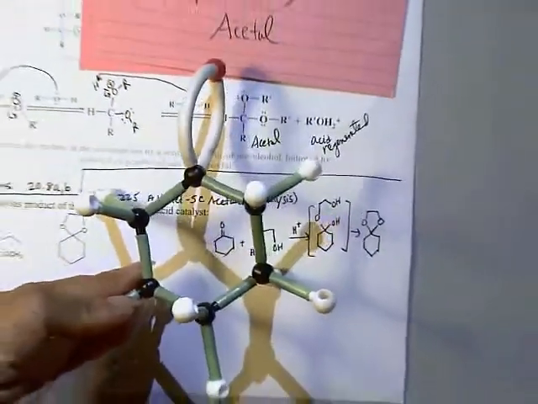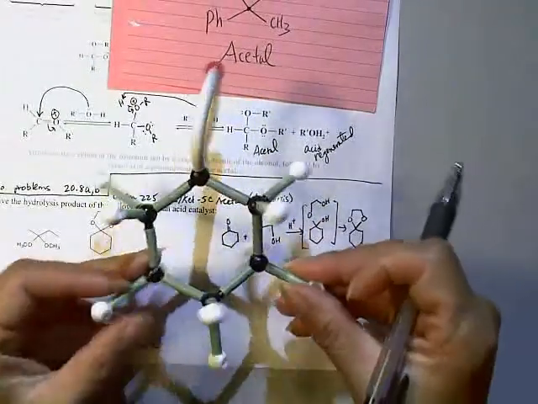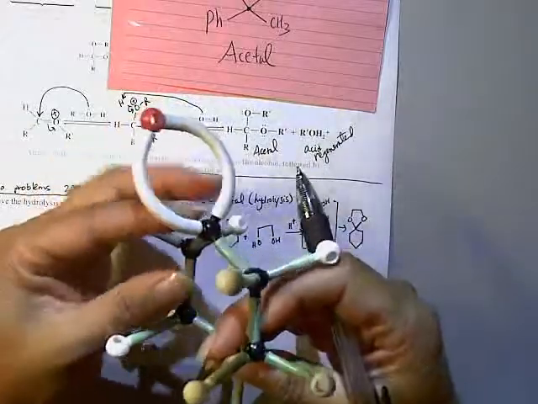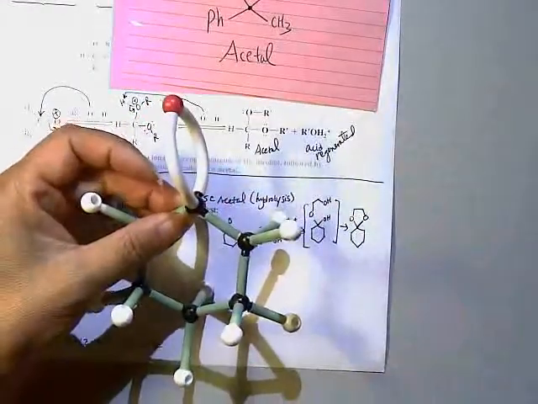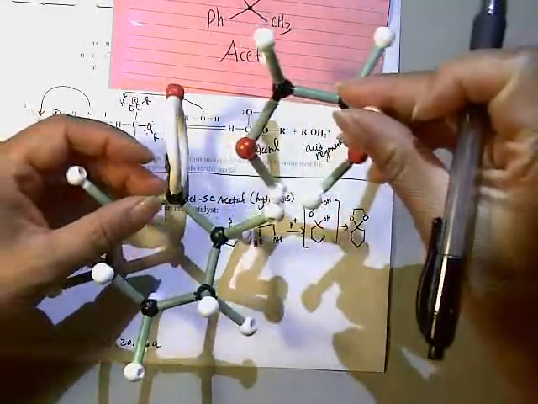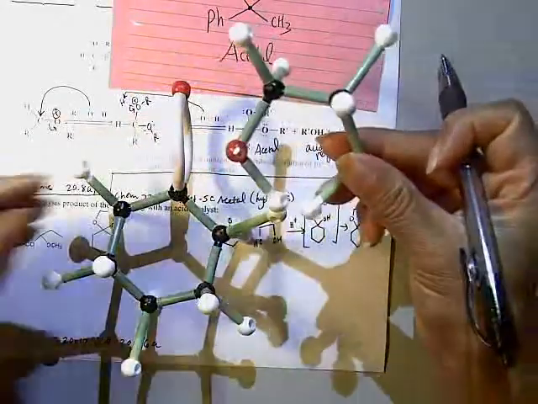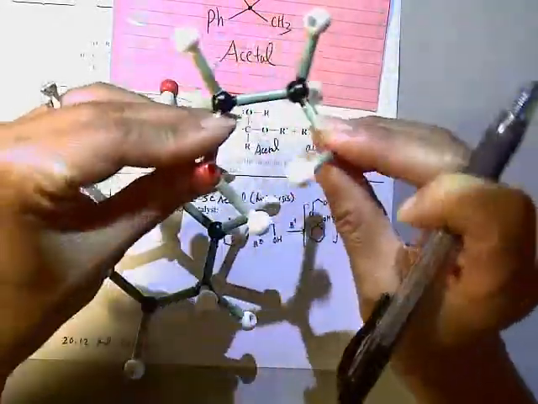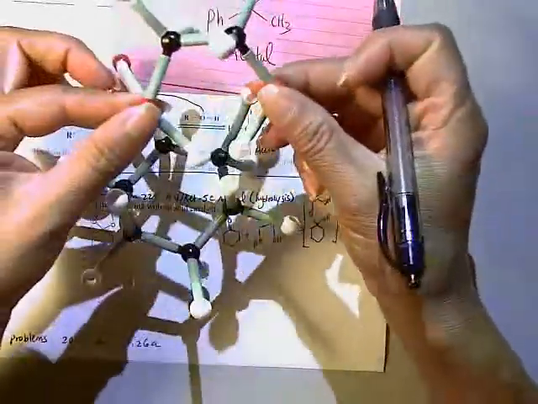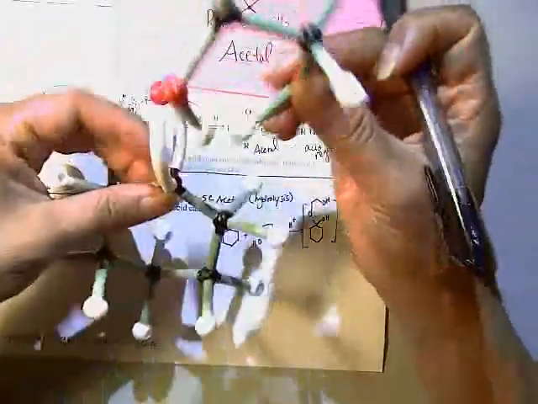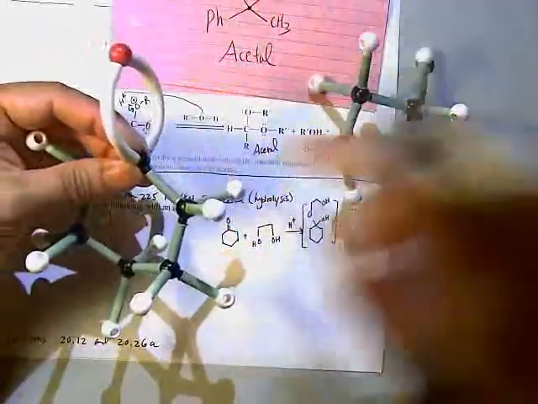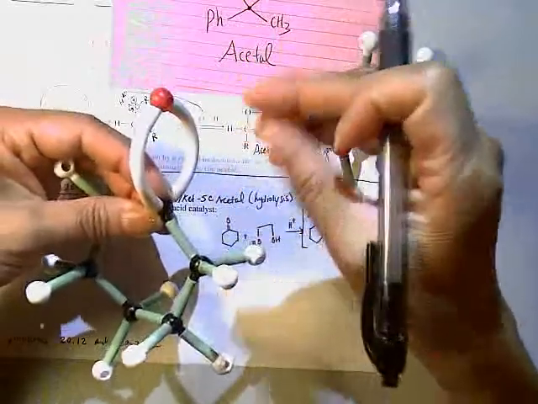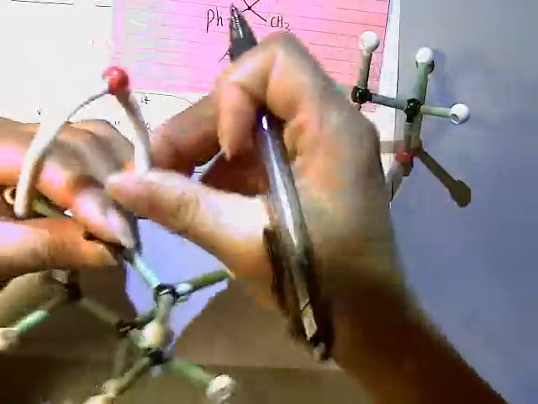So I made a model of this again. I think it helps a lot of students to see the molecule. So here's my carbonyl, oxygen, acetal, and here's my diol that are attached together, right? So these 2 oxygens of the diol are going to be what is attached to this carbon of the carbonyl. So I'm going to just take this off.